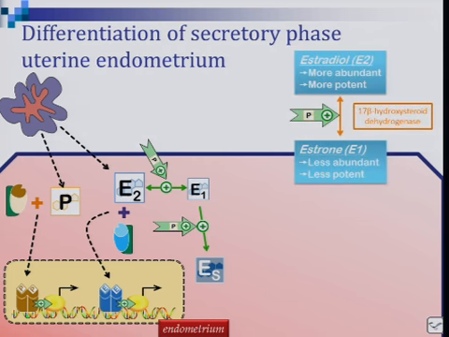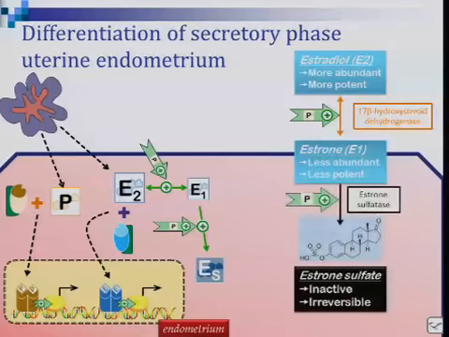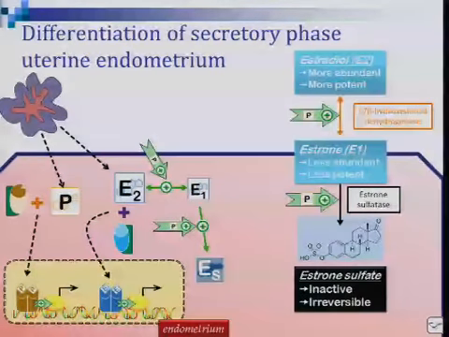Okay? So we start with estradiol, which is more abundant and more potent. Synthesize excess 17-beta hydroxysteroid dehydrogenase, leading to more estrone, which is less abundant, less potent, but importantly is converted by estrone sulfatase to estrone sulfate, which is inactive, and this is an irreversible reaction.